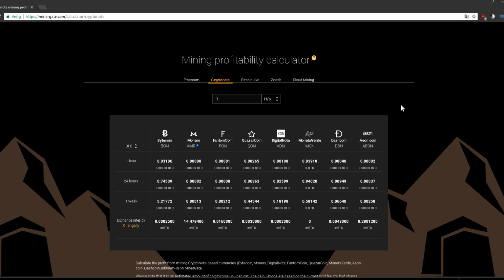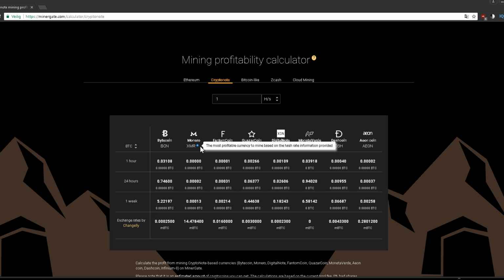So for instance, for CryptoNote coins, if you have 1 hash, you will get 0.00002 Monero in 24 hours, or XMR. This is, by the way, the most profitable currency.